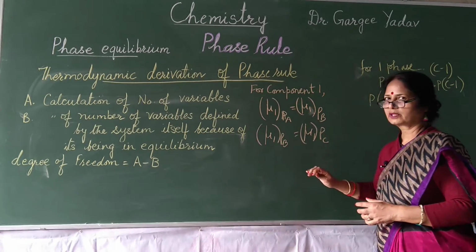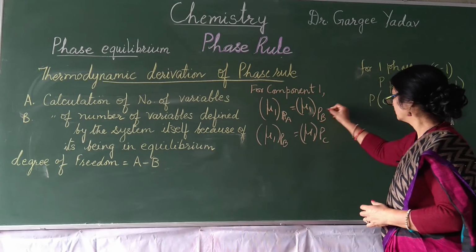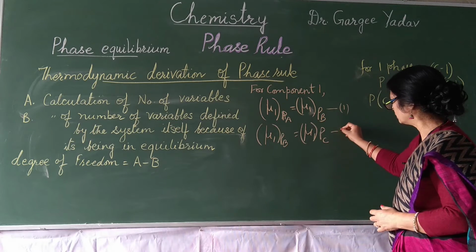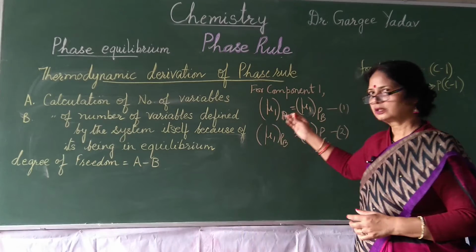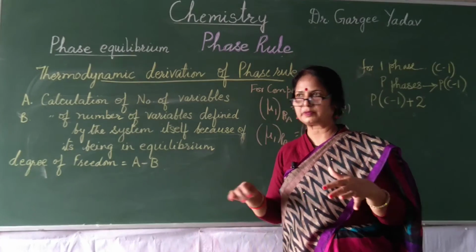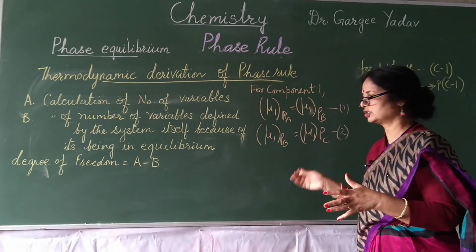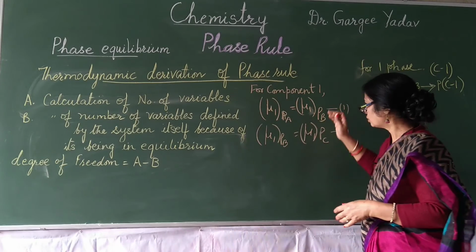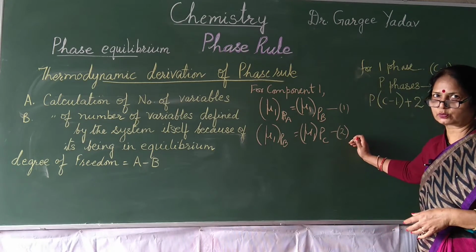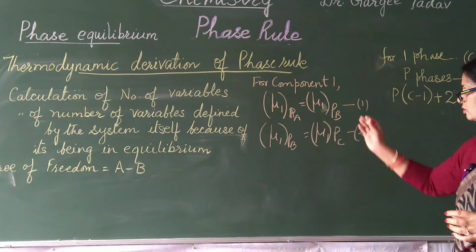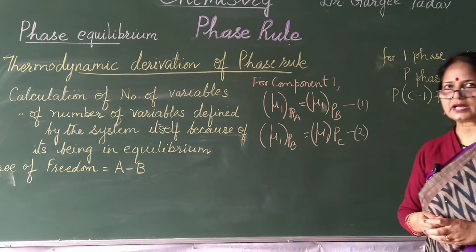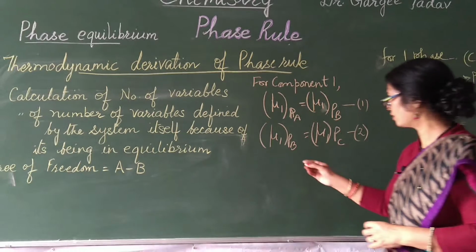So in all, here we require equation number 1 and equation number 2. We require two equations to explain the chemical potential equality. Now suppose there are 4 phases instead of 3 phases. So what will happen?